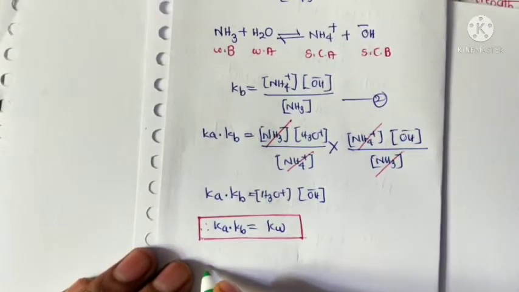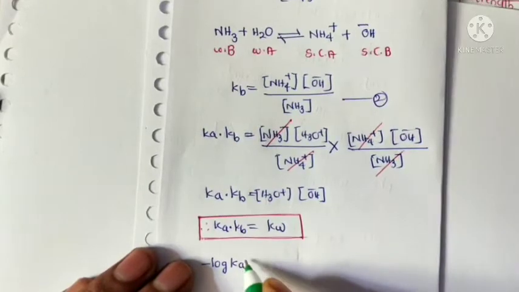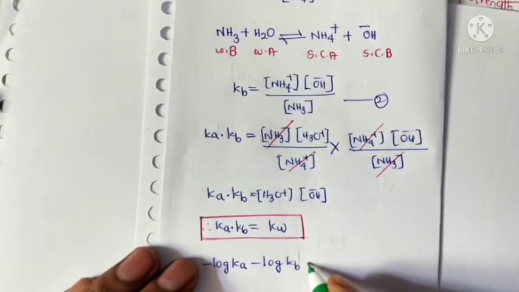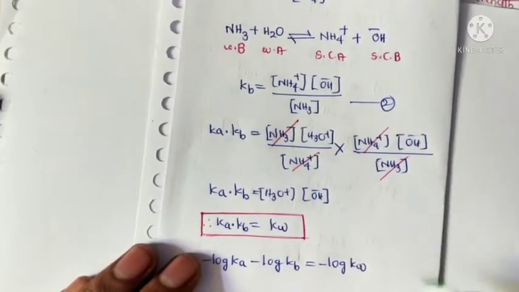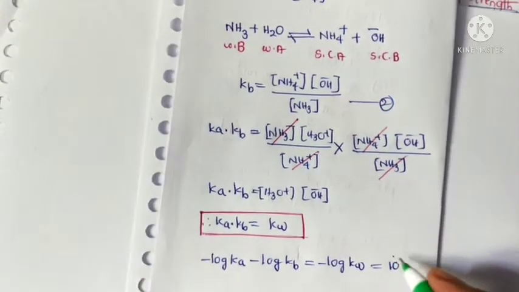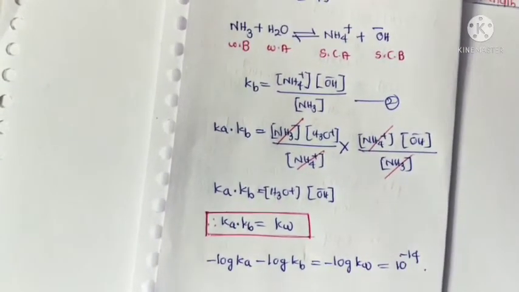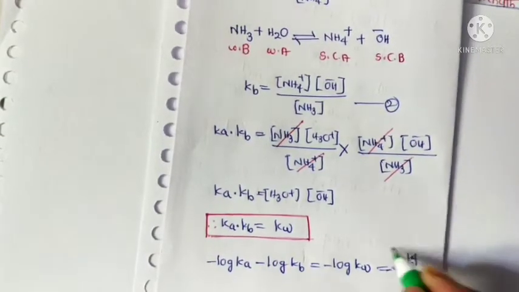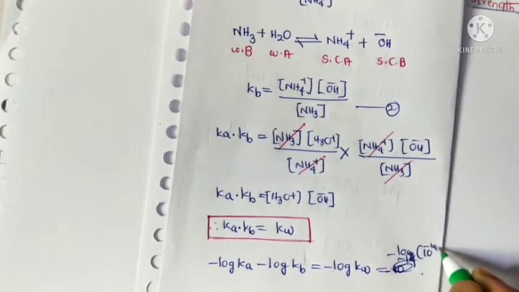So negative logarithm of Ka minus negative logarithm of Kb equals negative logarithm of Kw, which is the negative logarithm of 10 to the power of minus 14.